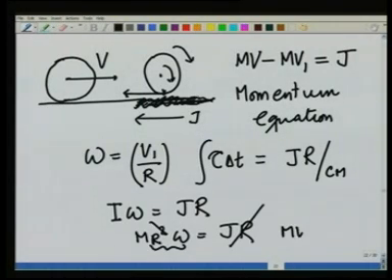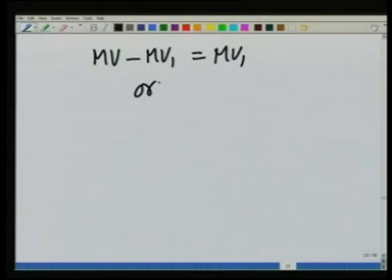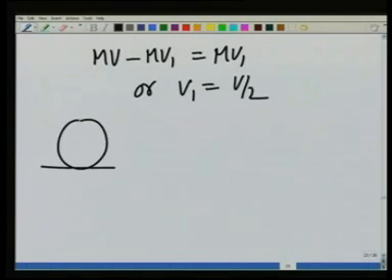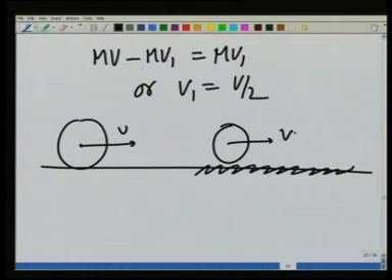So, m v1 equals J, and therefore, putting this in this equation, I get m v minus m v1 equals m v1, or v1 equals v over 2. So, as soon as this wheel which is moving with speed v without rolling on a smooth surface hits a rough surface here, it will start rolling with speed v over 2.